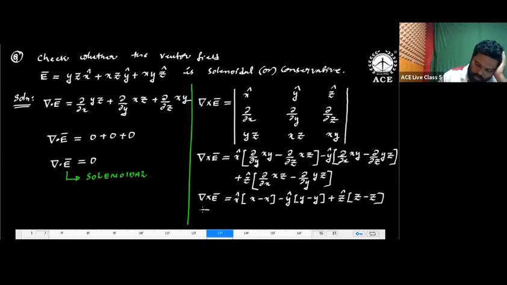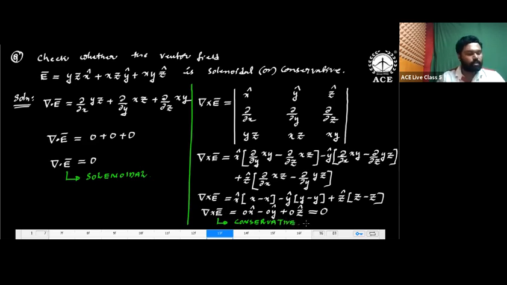So what is this curl of E? 0 x cap minus 0 y cap plus 0 z cap, or simply you can write it as 0. So E is conservative as well. It is solenoidal as well as conservative.